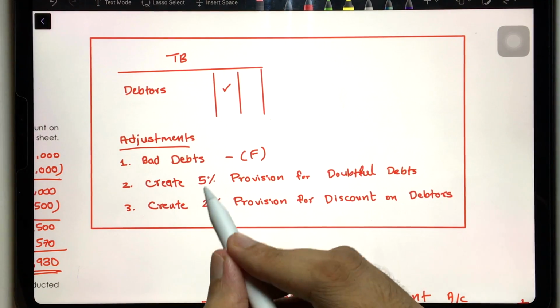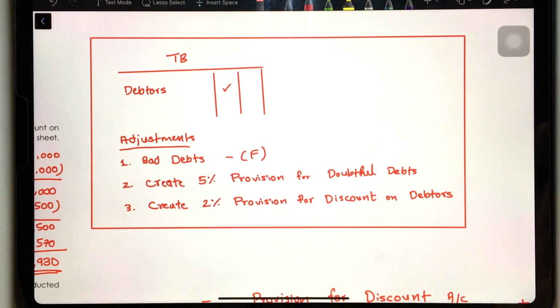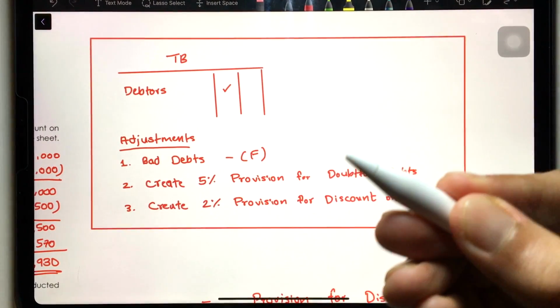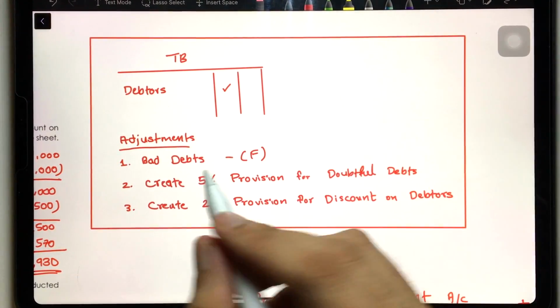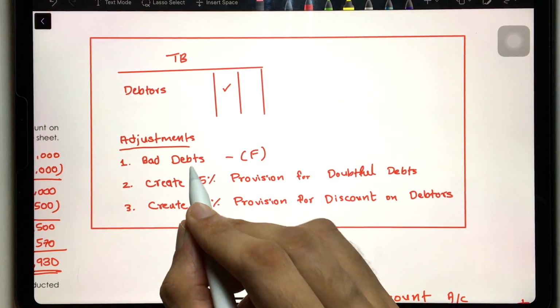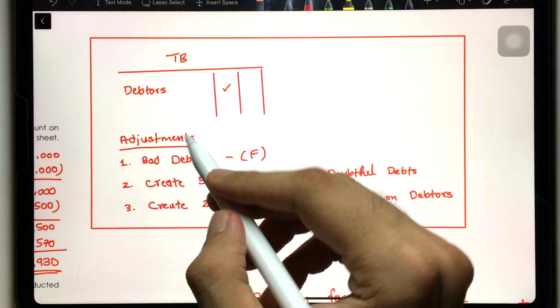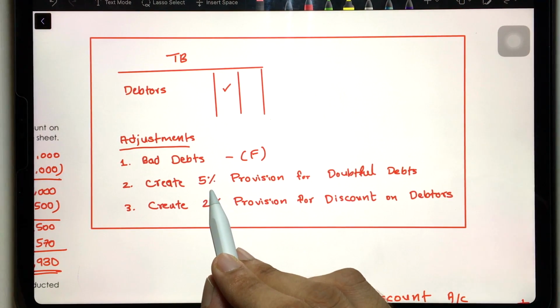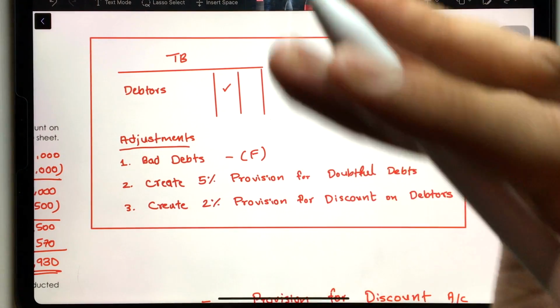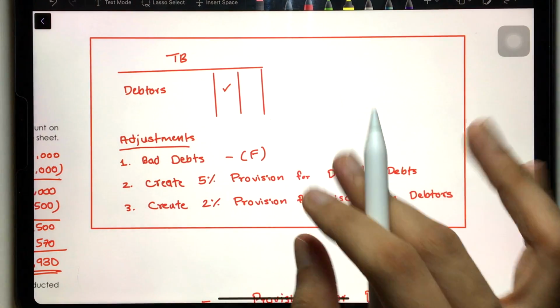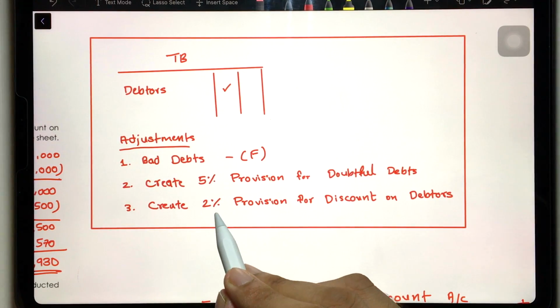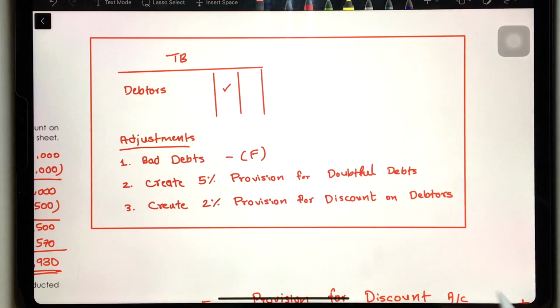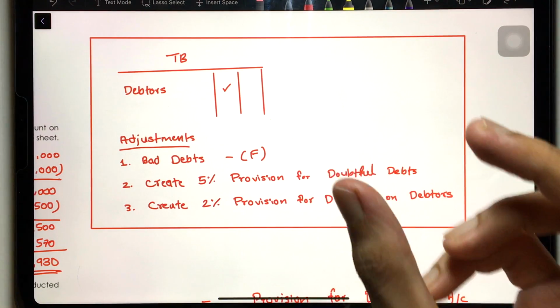Now, can you calculate this 5%, 2% on this amount? Of course not. No, you cannot do that. First, you have to take this debtors balance and deduct the bad debts because the accounting of this is not done. Then whatever amount you get, calculate 5% on that. Then deduct the 5% also. Then on whatever amount you get, calculate 2%, and deduct that 2% also. You will get the amount that you have to take in the balance sheet.